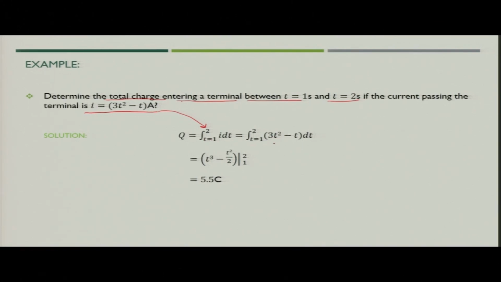So, if you solve the integral of 3t squared minus t multiplied by dt, you will get the amount of charge entering the terminal between 1 second and 2 seconds, and that is 5.5 coulomb in this particular case.